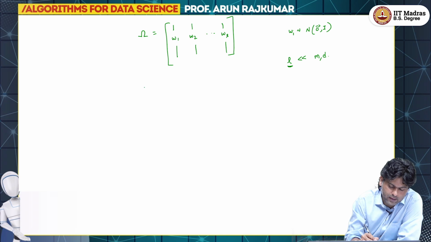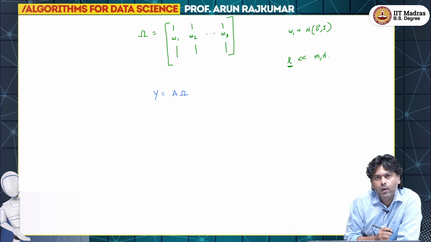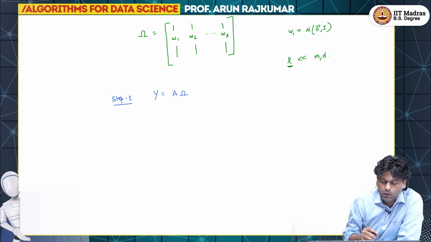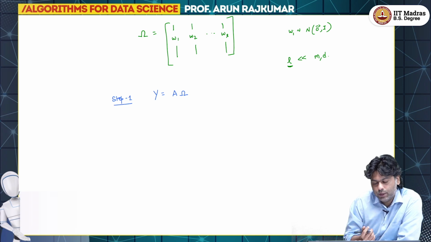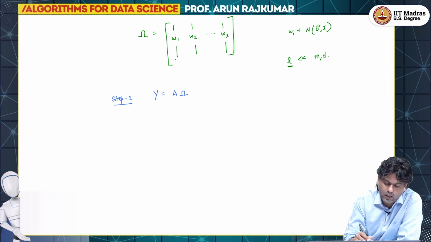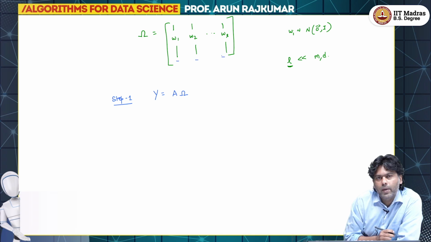Now what I do is compute a matrix Y, which is A times omega. Let's call this step 1. What is this essentially doing? It is taking the columns of A and randomly linearly combining them using the columns of omega.